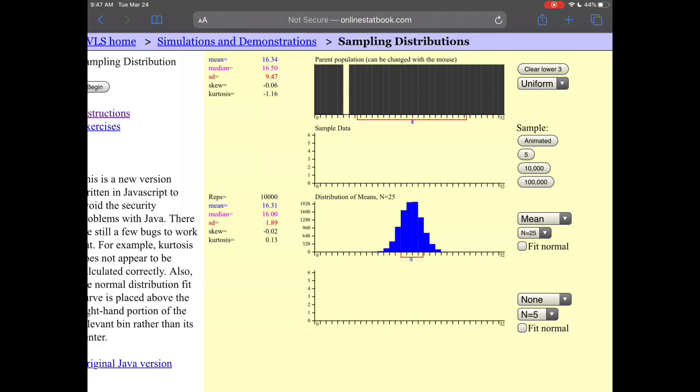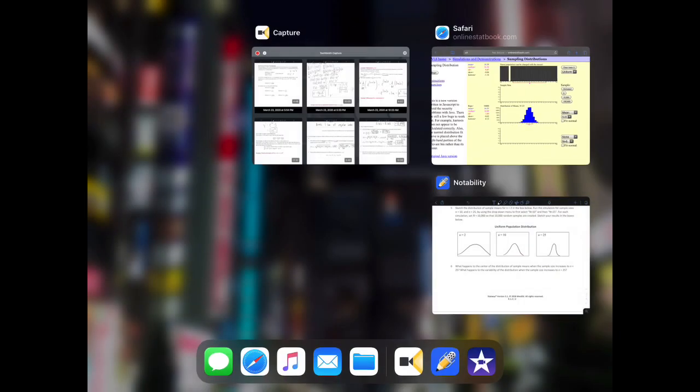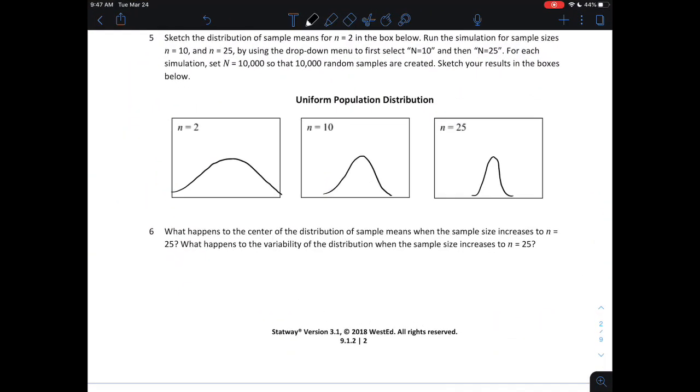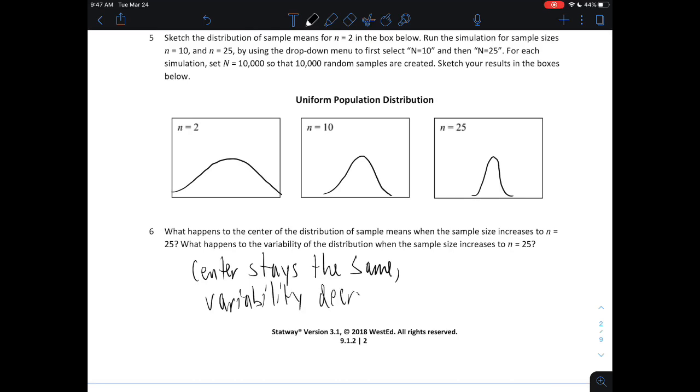And then since we've been noticing that the distribution gets skinnier as the sample size increases, that means our standard deviation or our variability is decreasing. So the center stays the same. And the variability decreases. Already we should be reminded of when sample size increases, the variability or the error decreases.